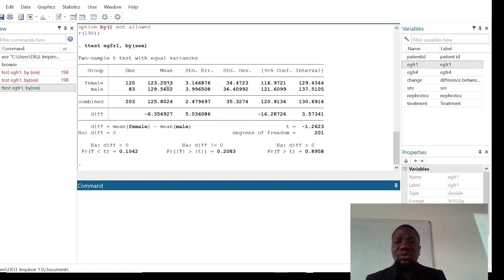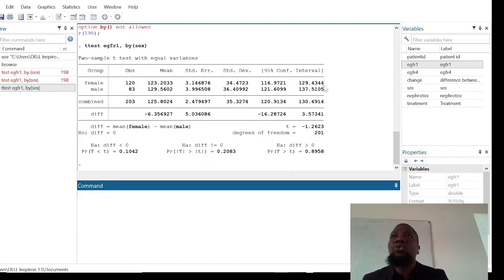The mean for the females was 123. The mean for the males was 129. This is the standard error, which is calculated from the standard deviation divided by the square root of sample size, which is the square root of 120 there and the square root of 83 there. Then that's the standard deviation that was divided, and you have your confidence interval there.